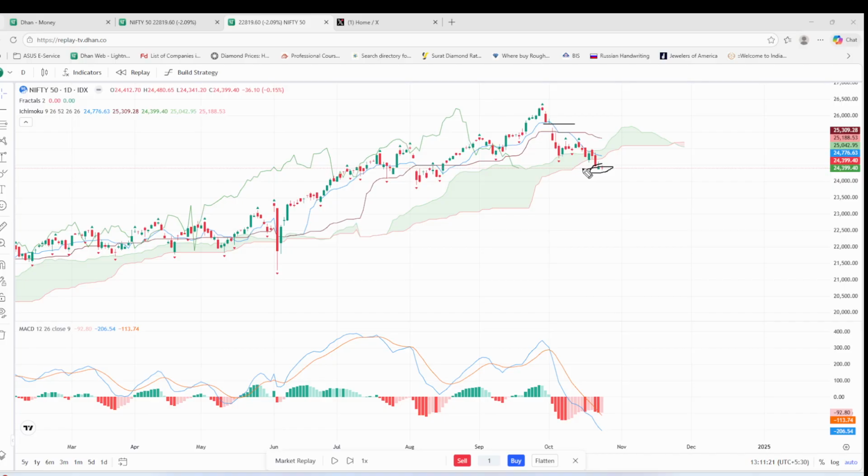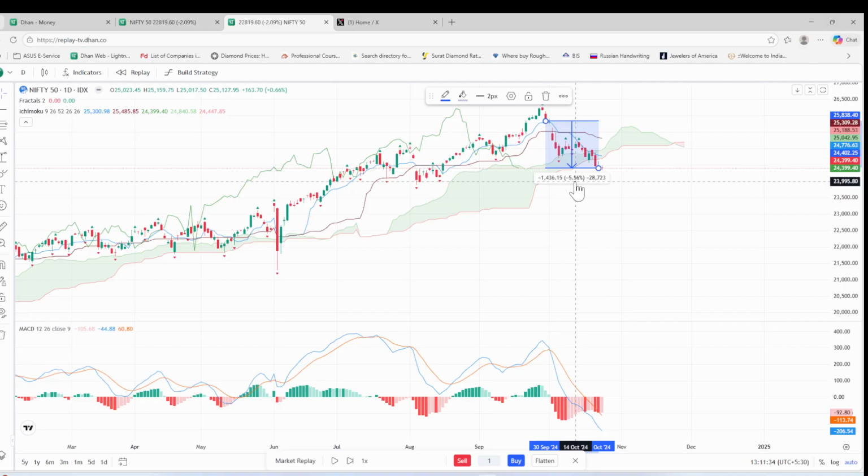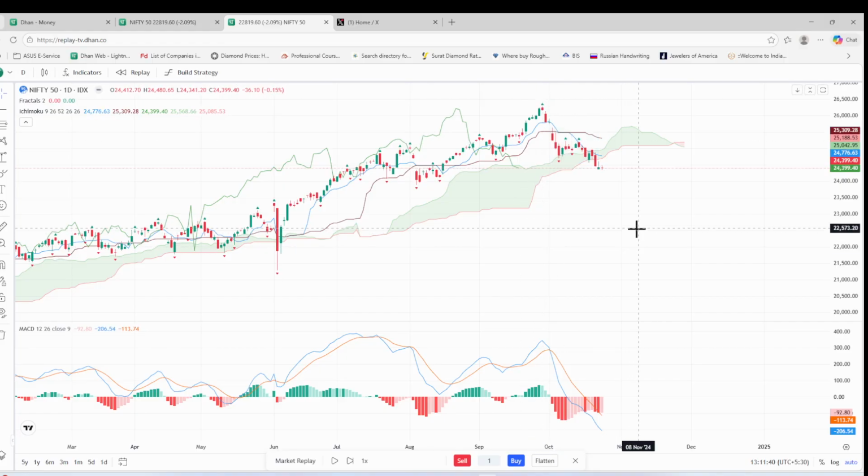From this to this is a great move. How much? Let's see. From this to this is about 1400 points. 30-40 points here and there, it's fine, always, because we are looking from a daily time frame perspective.